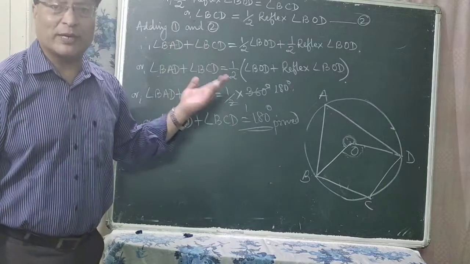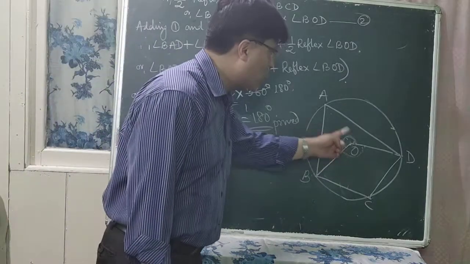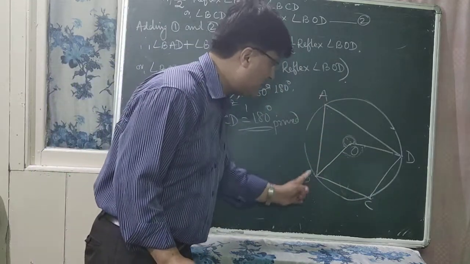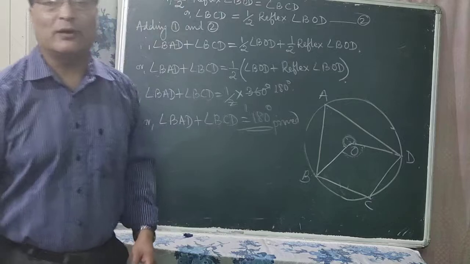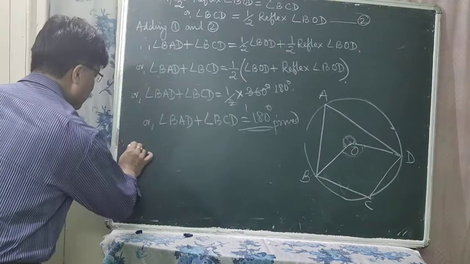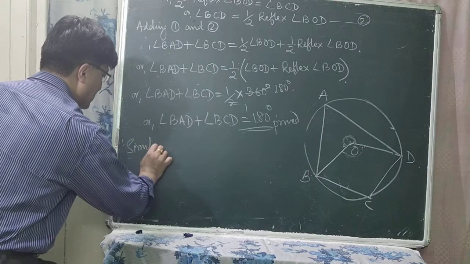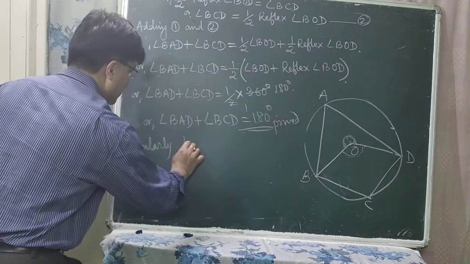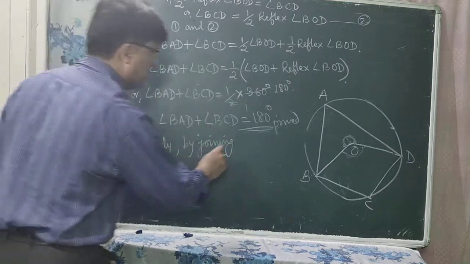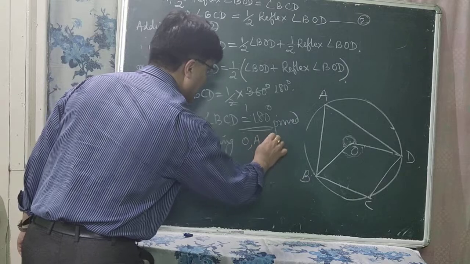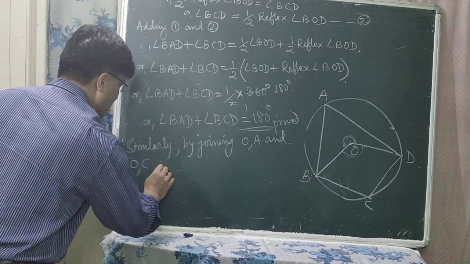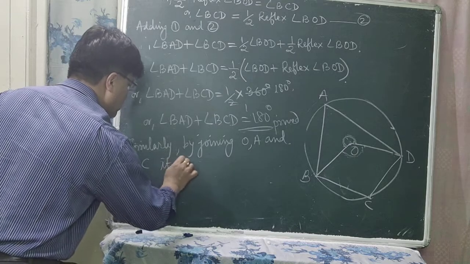So you can write similarly, we can prove. Similarly, by joining O, A and O, C, it can be proved that angle ABC plus angle ADC is equal to 180 degrees. You can write it here similarly.